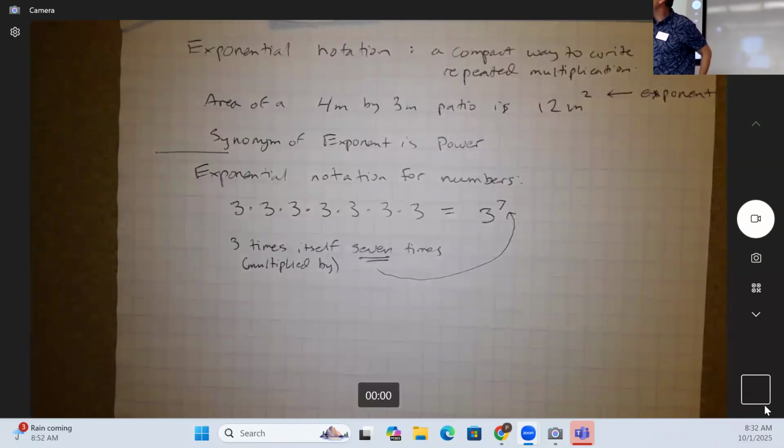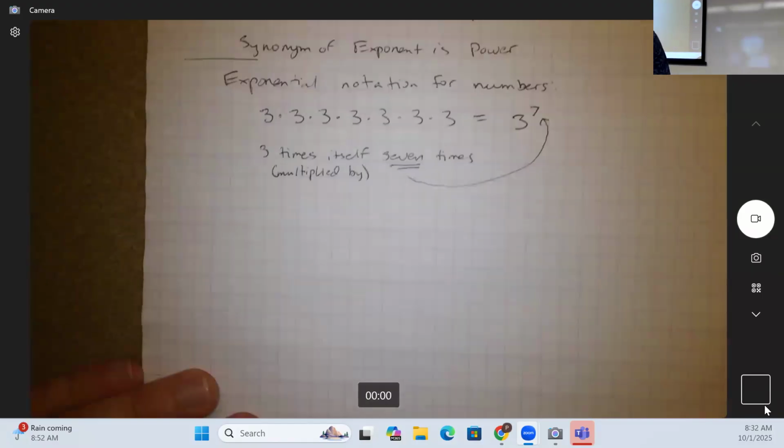Especially when you start dealing with really big numbers, like the number of atoms in a grain of sand, trillions and trillions and trillions of atoms. You don't want to write a super long number. You can write it using exponential notation. Or on the other side, something very, very small, you can write that using exponential notation as well.